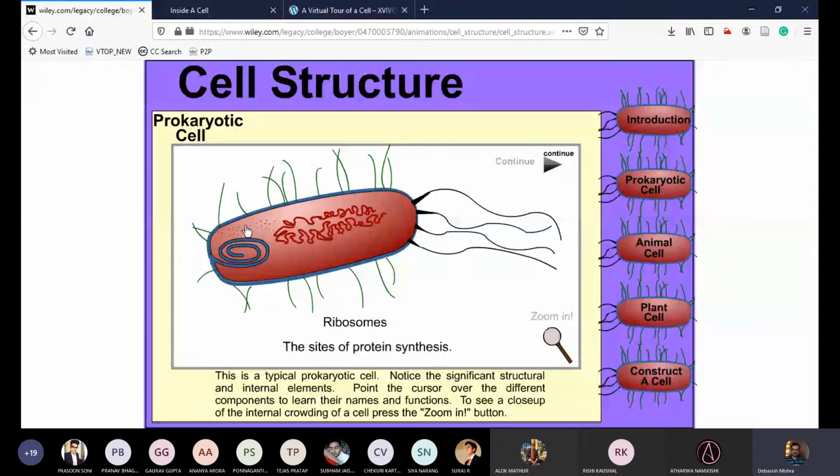Now there are a lot of dots inside the cytoplasm. If you hover your mouse, you can see it is ribosome, the site of protein synthesis, right? And do you see any other organelles inside?